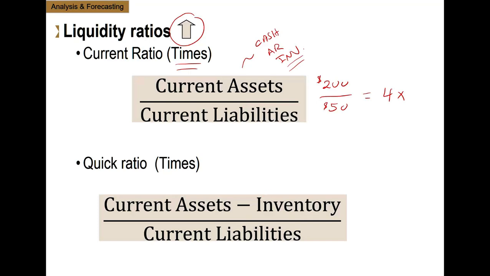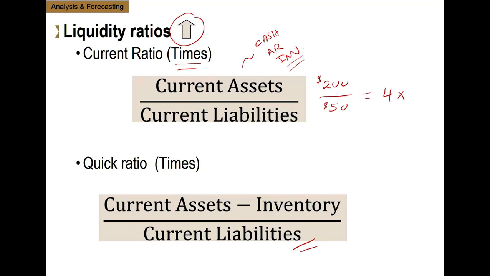So let's subtract inventories from current assets, and whatever is left is what we use as a measure of how well we can cover our current liabilities. In the end, the solution is sometimes as extreme as the initial problem. Because when you subtract inventory, what you're saying is that you cannot sell any of your inventory if you had to in order to pay your current liabilities.